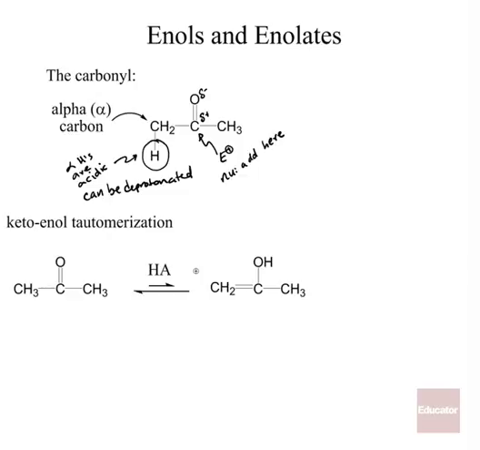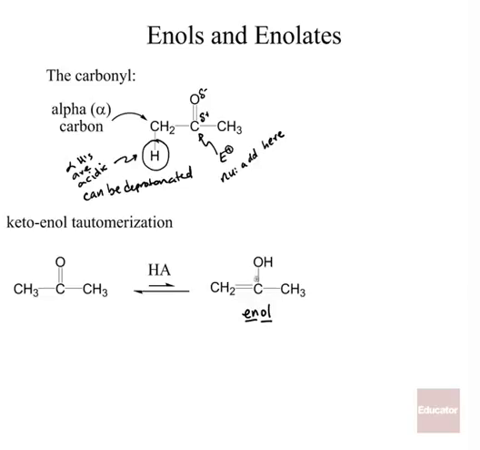One other component that's of interest to us in this unit is the idea that any carbonyl-containing compound, like a ketone or an aldehyde, is in equilibrium with another form called an enol. Now this structure is called an enol because it has an alkene, a carbon-carbon double bond, and an alcohol, OH, and they're on the same carbon.